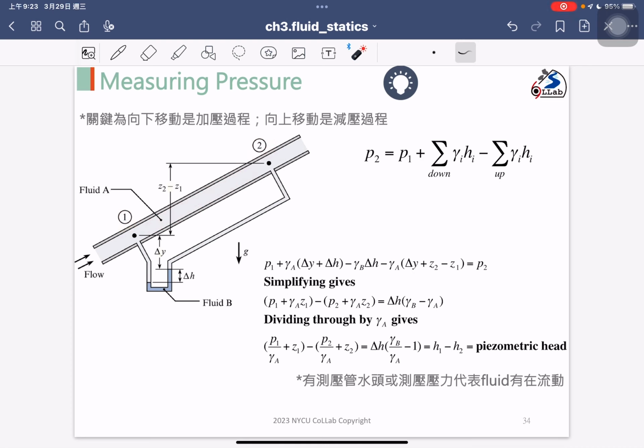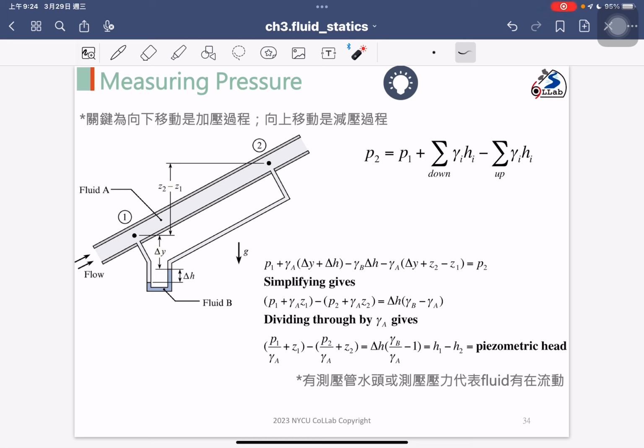So there is some pressure difference between the point 1 and point 2, and the fluid will start to flow. Okay, and we also put the manometer fluid here, and we can see actually the deflection height delta H we have.